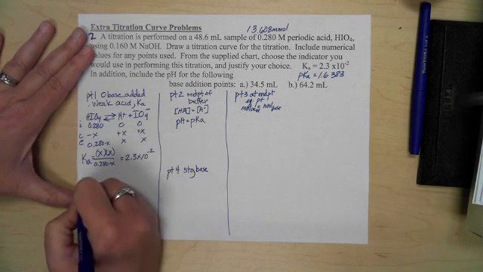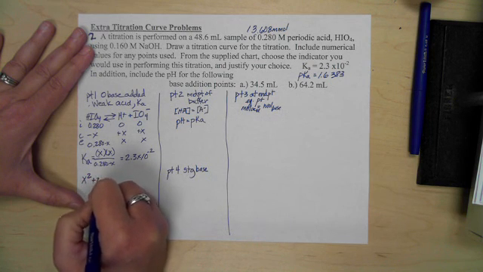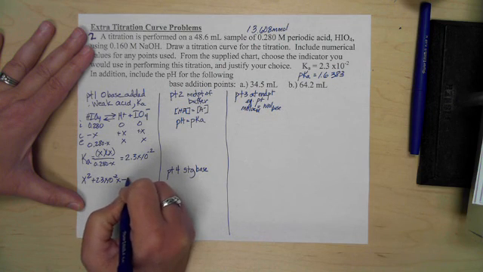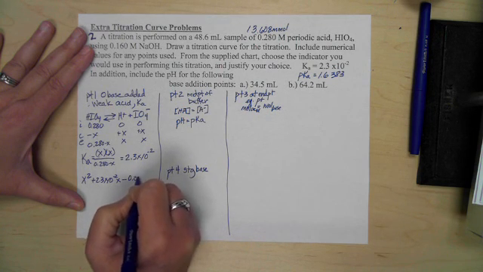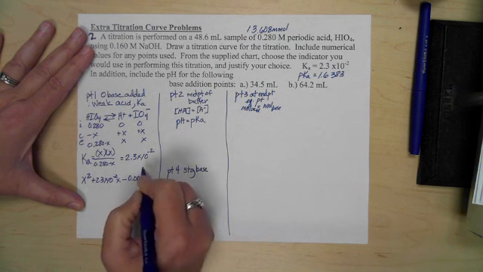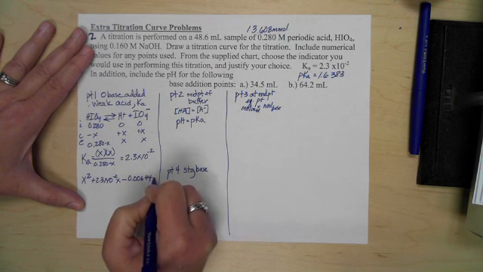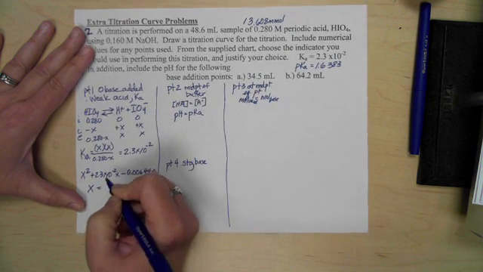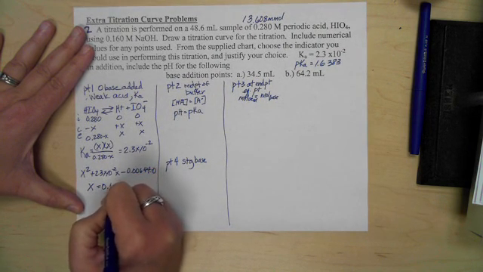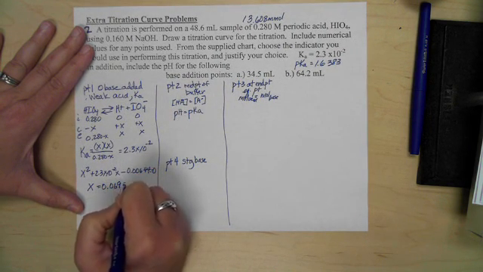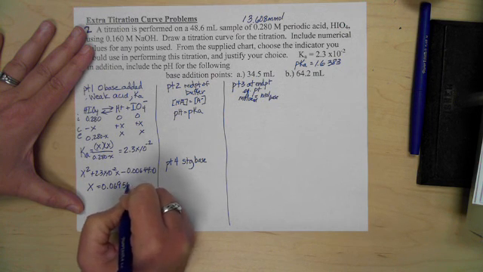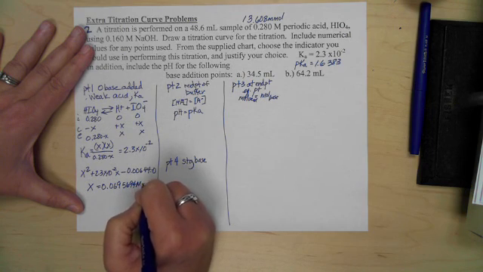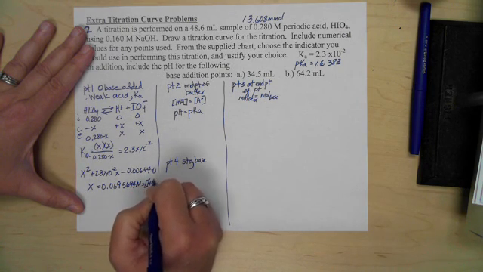When we do our algebra, we get X squared plus 2.3 times 10 to the minus 2 X minus 0.00644 is equal to 0. So we're going to solve for X. X is equal to 0.0695694 molar, which you know is the H plus concentration.